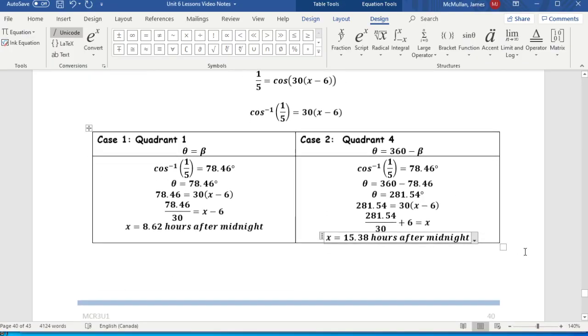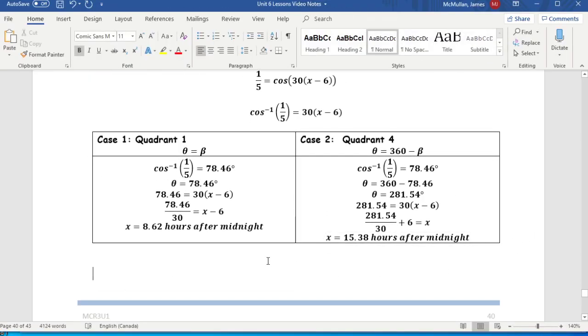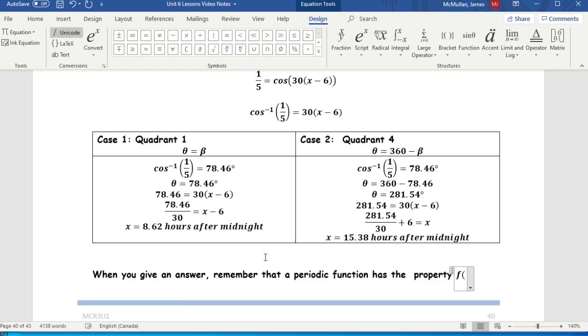Now, the final thing to understand, so when you give an answer, remember that a periodic function has the property, so take us right back to lesson 1, f of a equals f of a plus t.